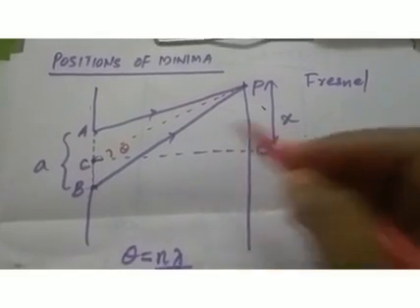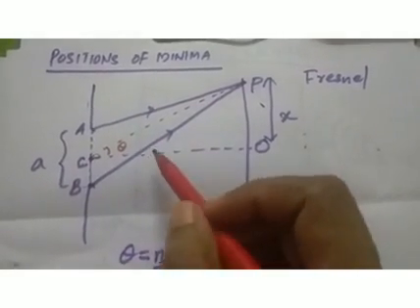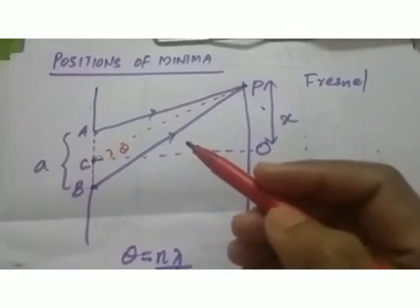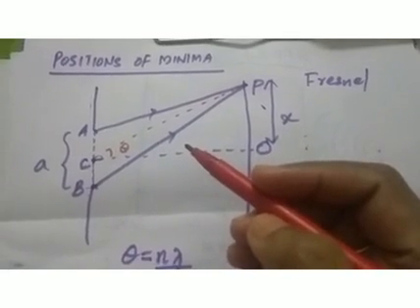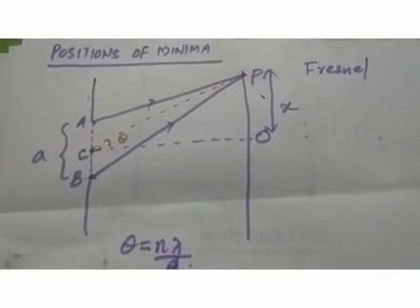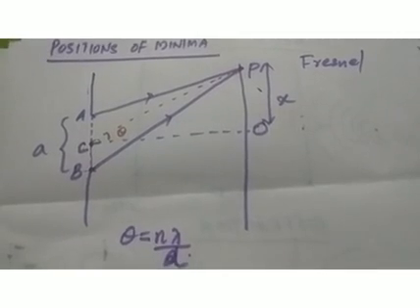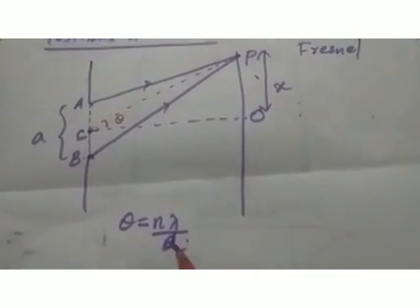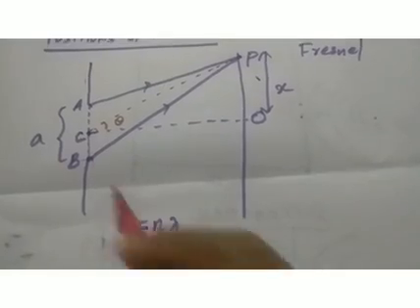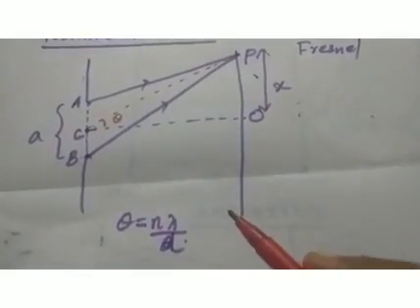So here also, in order to explain the formation of secondary maxima and minima, we are going to divide the slit AB into small portions. Fresnel, using his calculation, found that secondary minima occurred at theta equal to n lambda by a, where a is the width of this slit and theta is this angle.